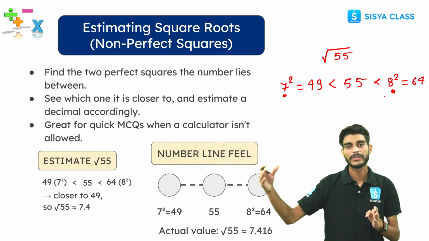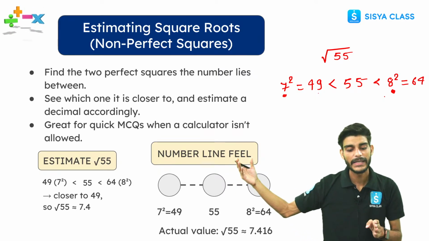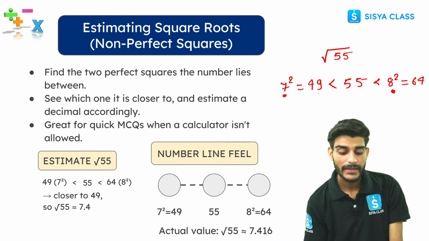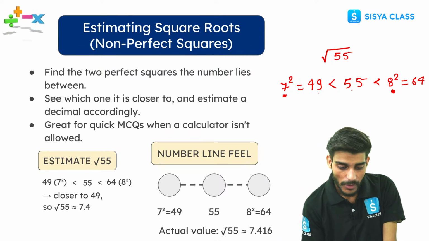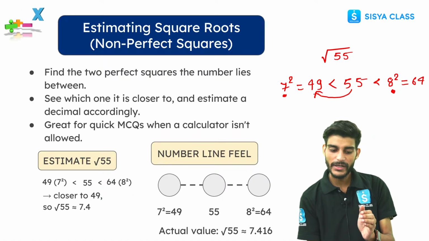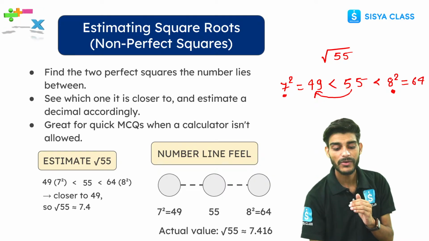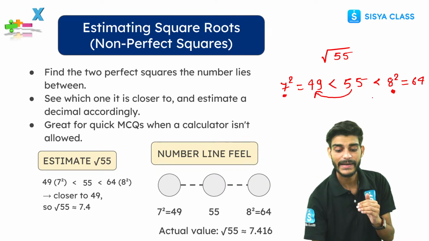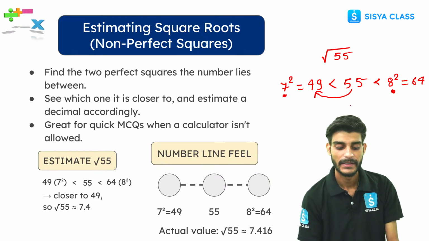It could be 7.3, 7.4, 7.5, 7.6, any number till now. But if you observe, 55 is closer to 49 rather than 64, so the square root will be closer to 7 rather than 8. Clear?